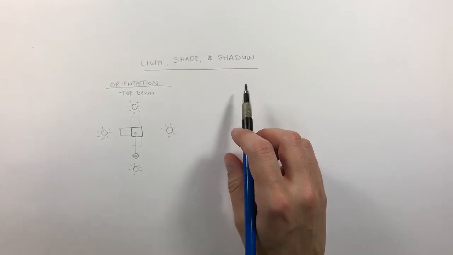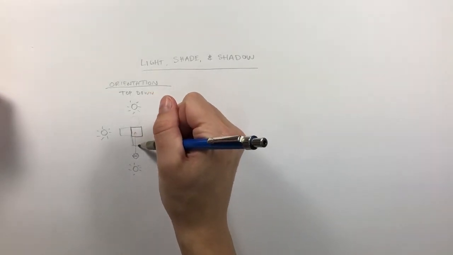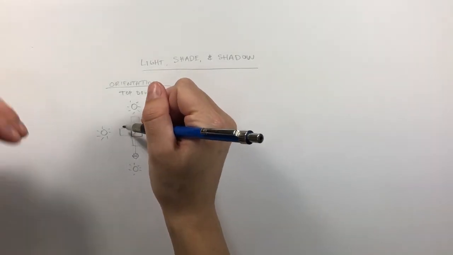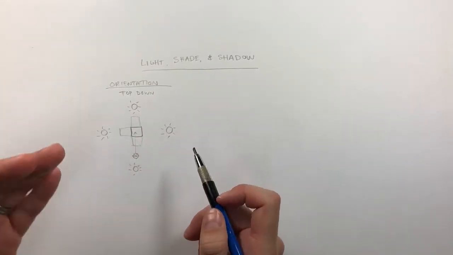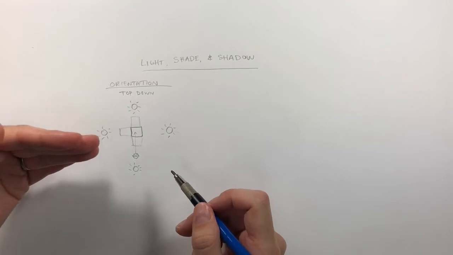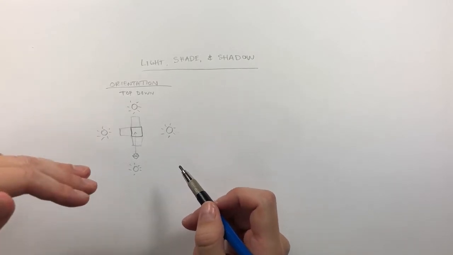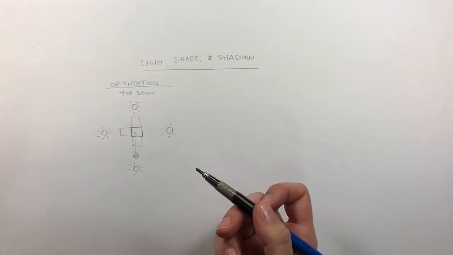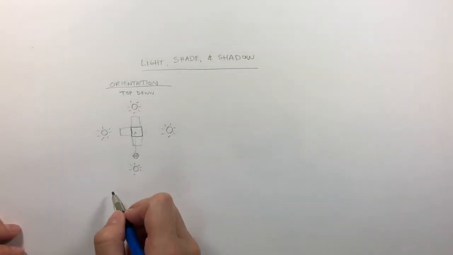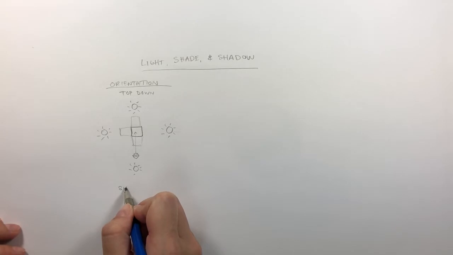So knowing where that sun is, or where that light source is, is going to affect where your shadow is going to be. So first of all, knowing where your light source is coming from will help determine the direction of your shadow.